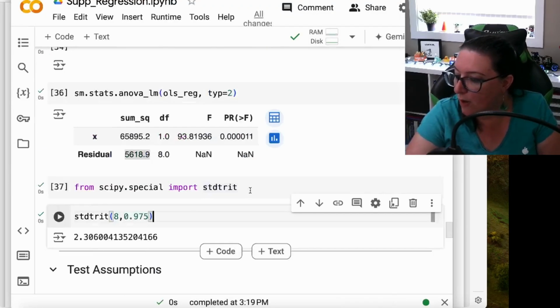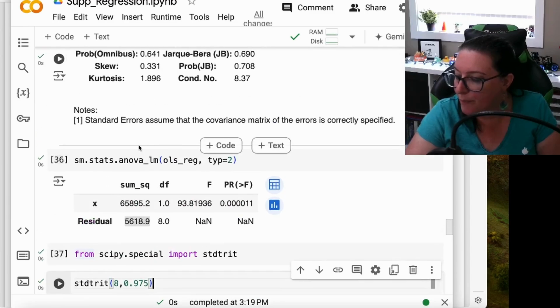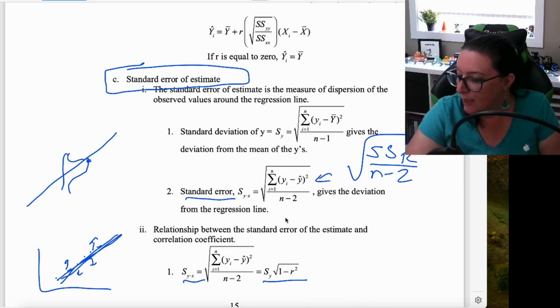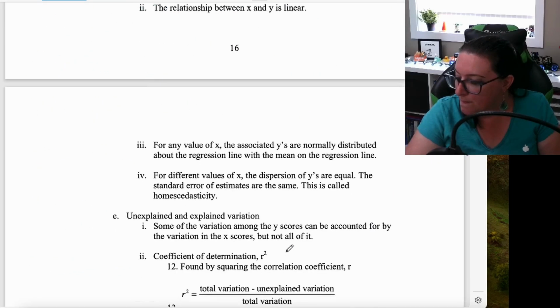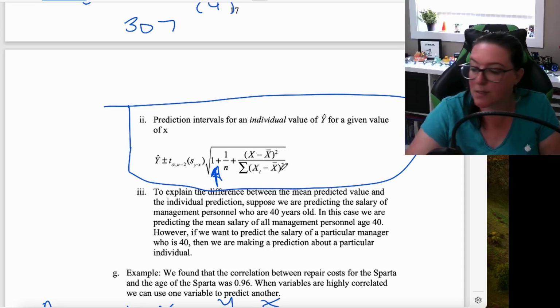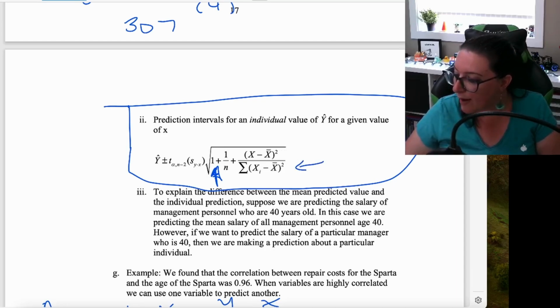Or in Python, we used the ANOVA to give us the sum of squares of the residual, divided by n minus 2 and took the square root. Then in our new formula, we'd take the square root of 1 plus 1 over the number of observations, here 10, plus x minus x bar squared divided by the sum of squares for x. And again, you can find this by taking the standard deviation squared times n minus 1.